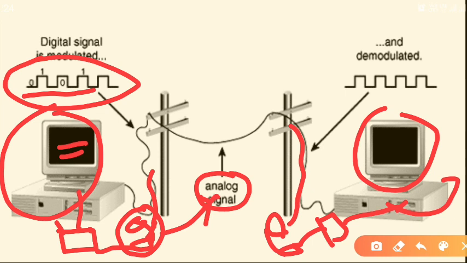It comes from your computer in digital form. If it went directly to the telephone wire, it would not be able to carry these digital signals, so nothing would be received over here.